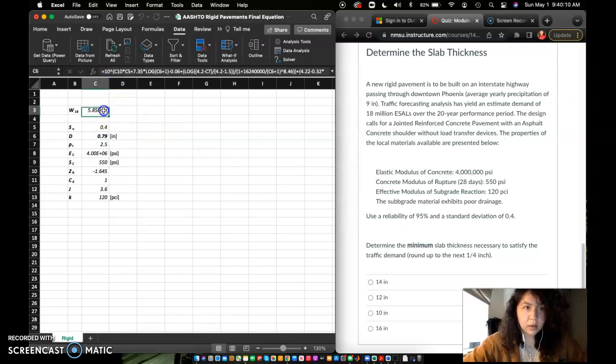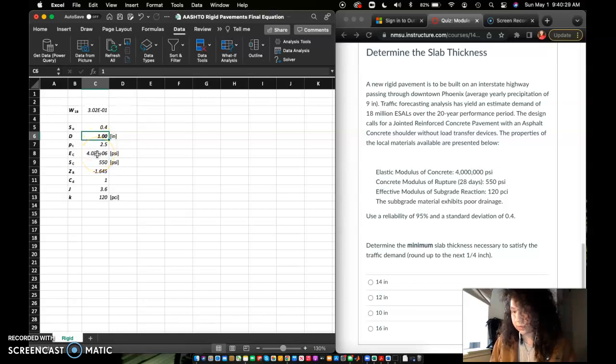Okay. So I'm going to double check my numbers. Standard deviation, serviceability, modulus for my concrete, 4 million. Subgrade reaction, 120. Concrete modulus of rupture, 550.